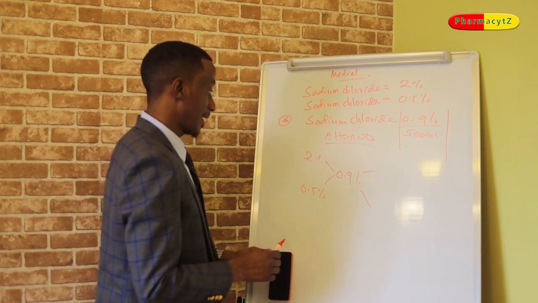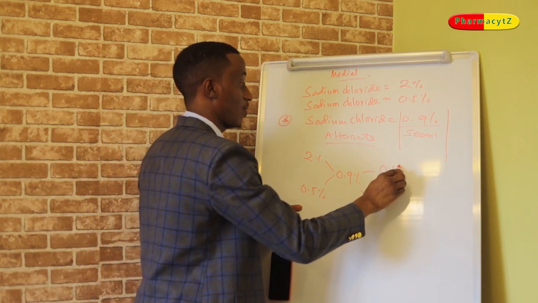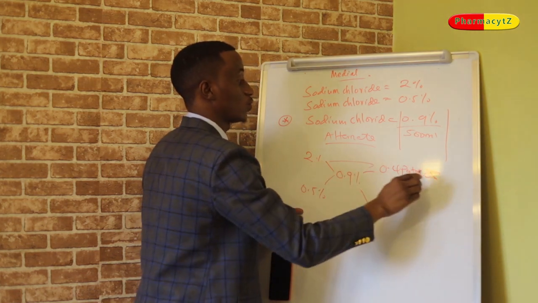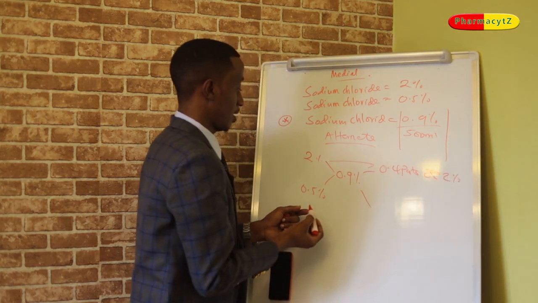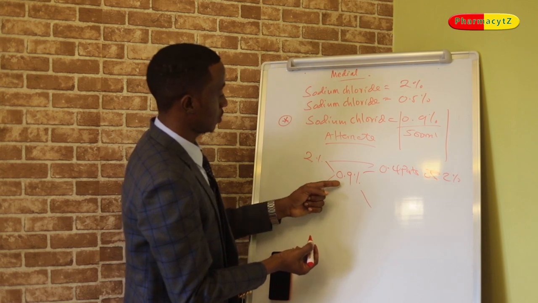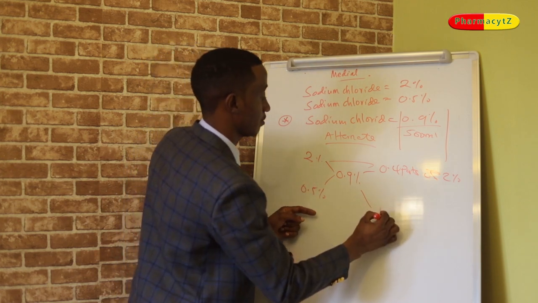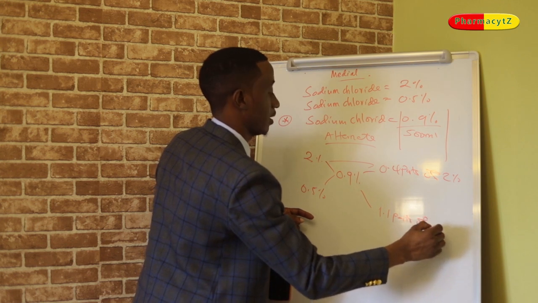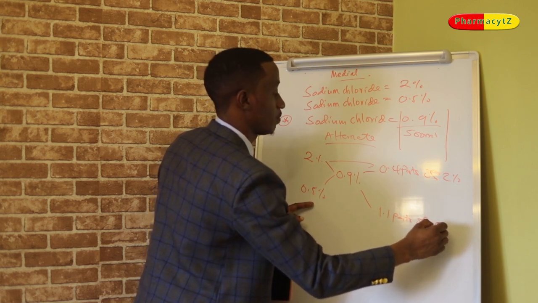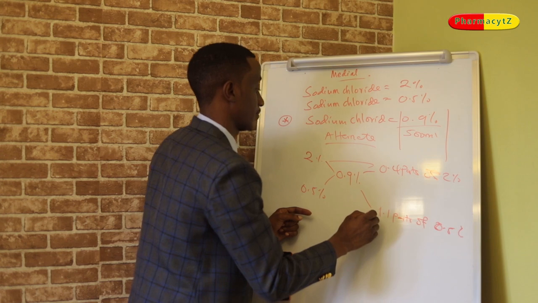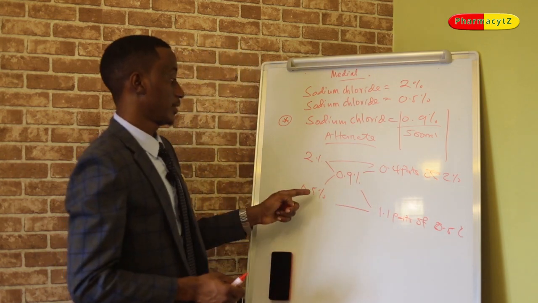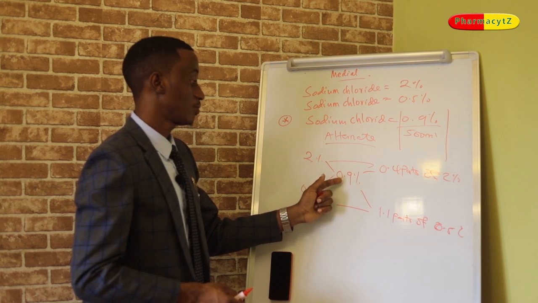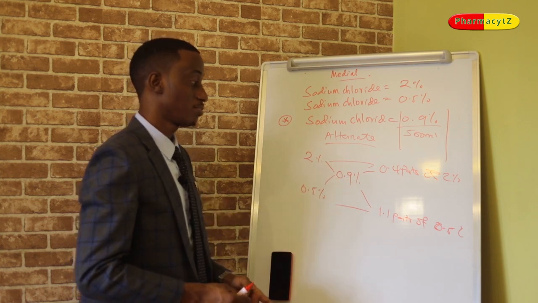Okay, let's alternate. This is 0.4 parts of a 2% solution. And this is 1.1 parts of a 0.5% solution. If you subtract 0.5 from 0.9, you get 0.4, and if you subtract 0.9 from 2, you get 1.1.